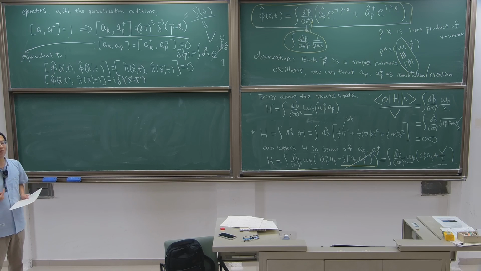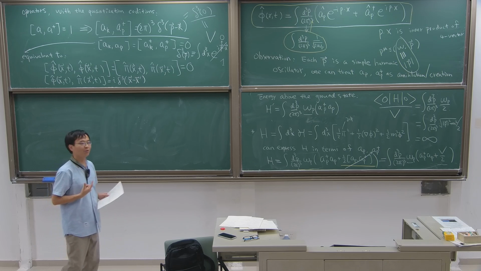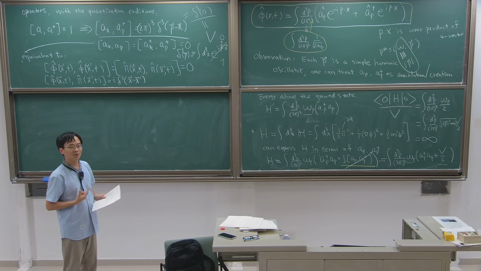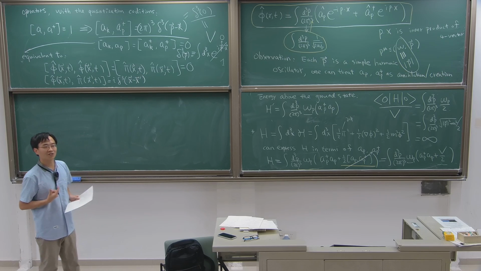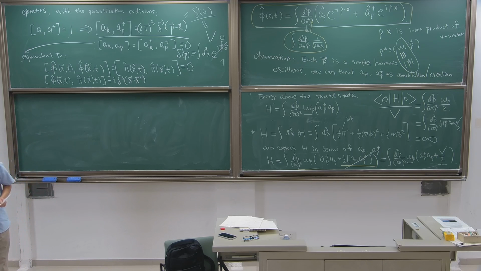We learned the Heisenberg equation: the commutator of an operator with H should be given by minus i times the time derivative, right? For the operator. That's the Heisenberg equation.